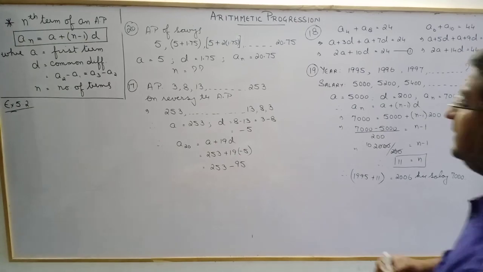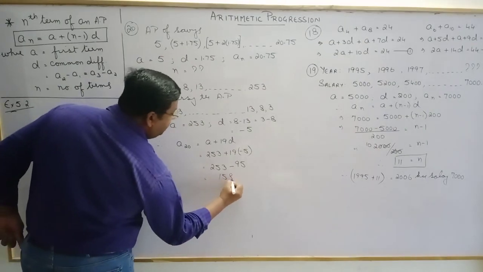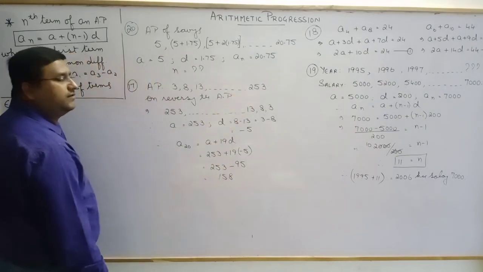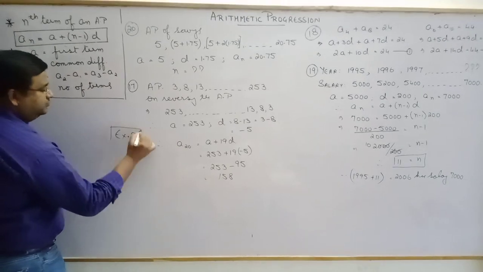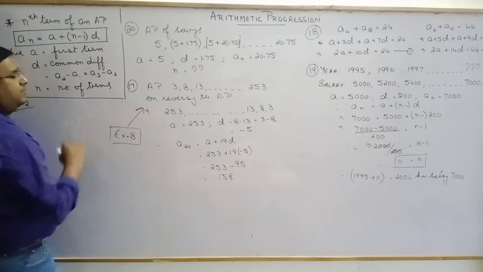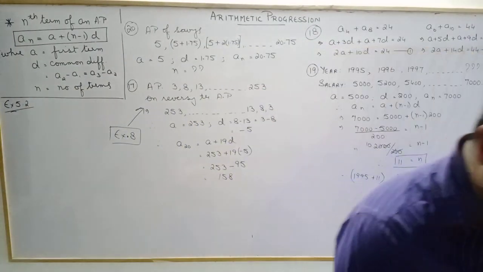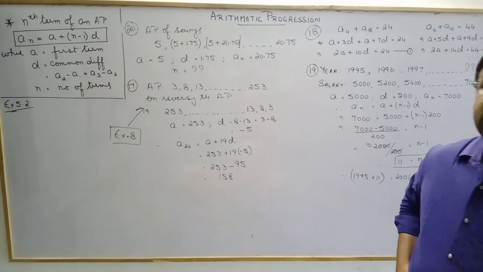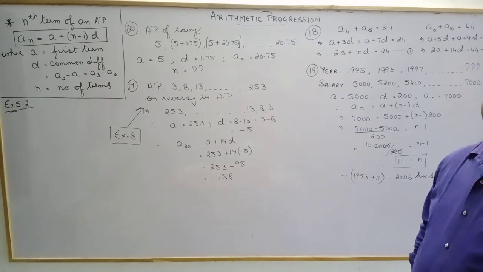Example number 8 is the same kind, nothing else. 158, you can do the calculation and verify. Example number 8 of your textbook, same kind. Both the methods are given to you over there. You can solve it by any method you want. That brings us to the end of our first part of AP, the application of the nth term.